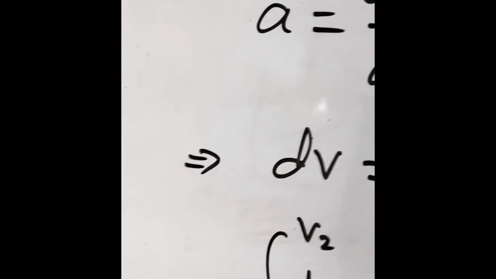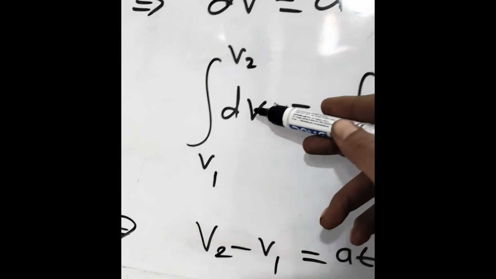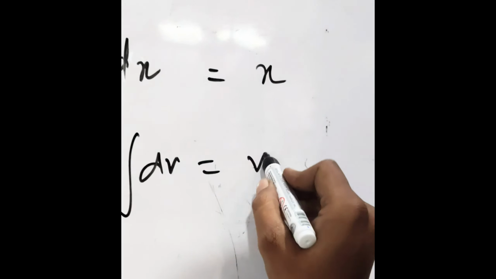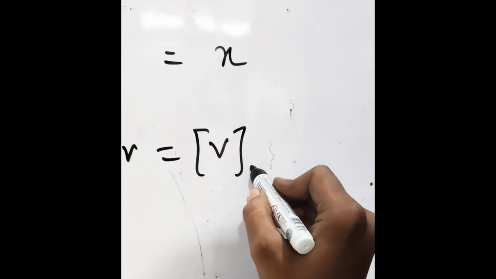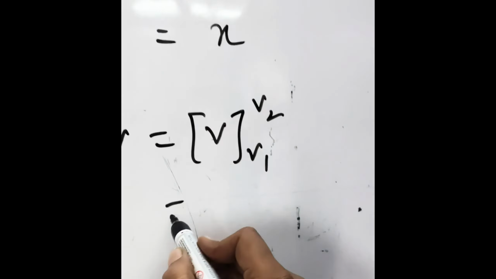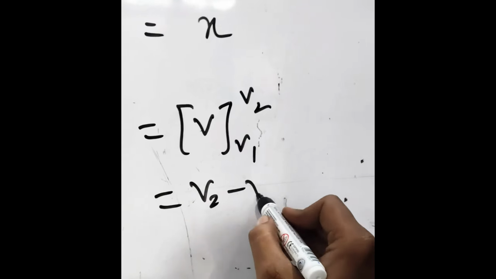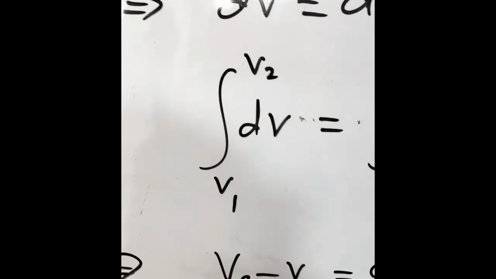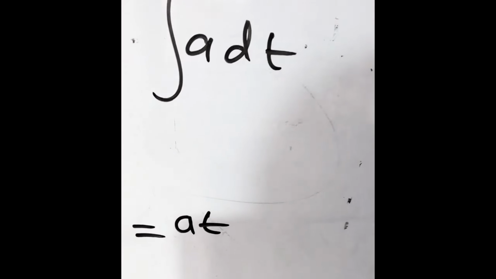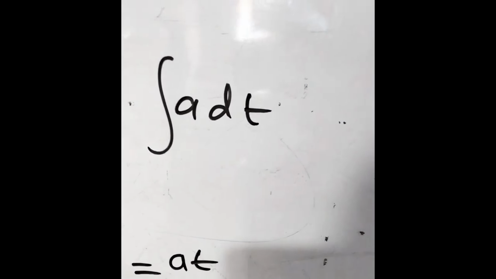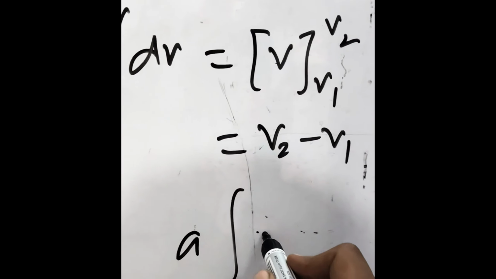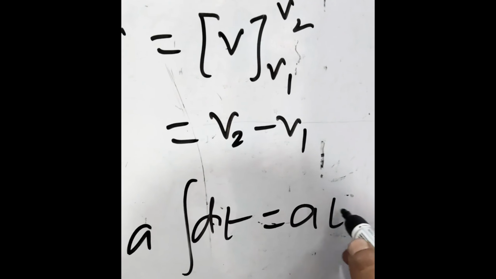So this is the formula where I have applied it. dv becomes v, and then we apply the limit, final limit minus initial limit, that I directly wrote here. And here just a t, because there is no limit, a is a constant and a dt becomes at.